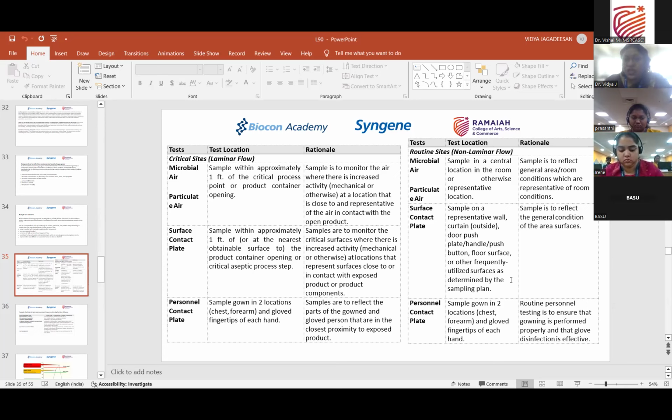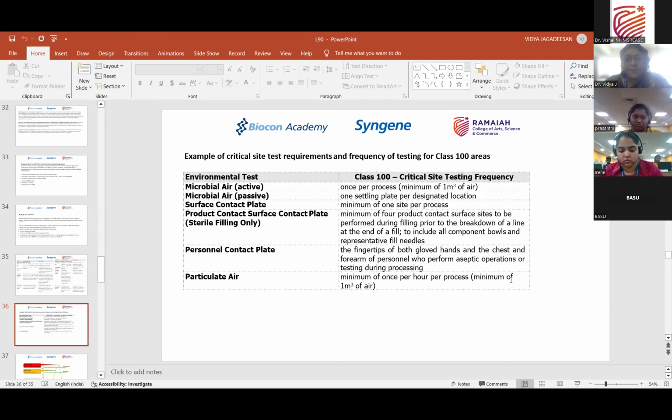So all these are some examples of contamination. Here in a class 10 area, what is the amount of microorganisms? For microbial air, once per process. An active area is where you frequently carry out your work. A passive area is where you don't visit frequently, maybe once in 3 hours.